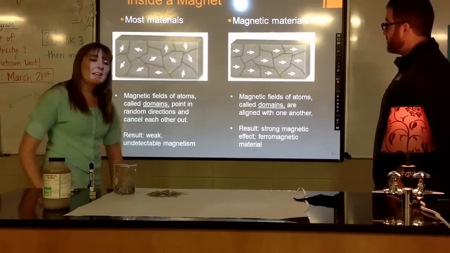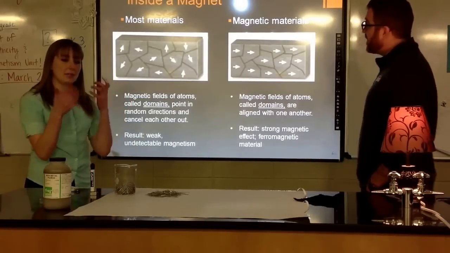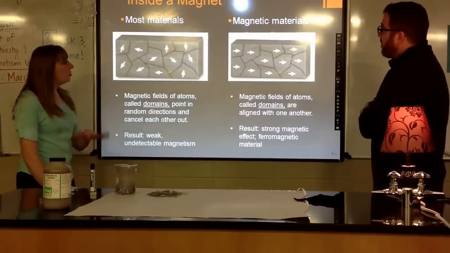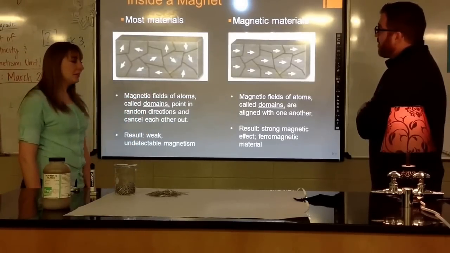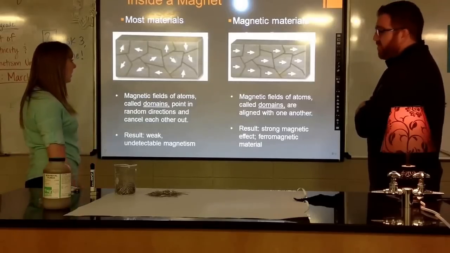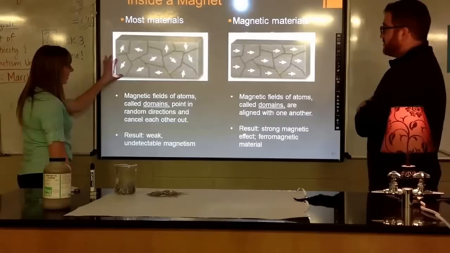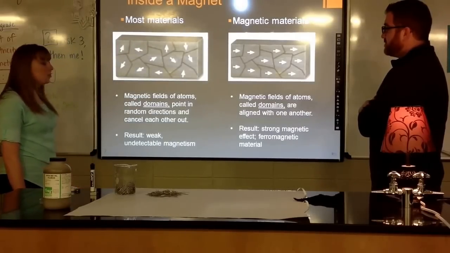All right. When we keep thinking about magnets, we need to move from just thinking about the outside and the two ends to what's actually happening on the inside. Most materials that we have around in our daily lives are not magnetic. And inside of the magnet, we have all of these tiny particles, and we call those domains.